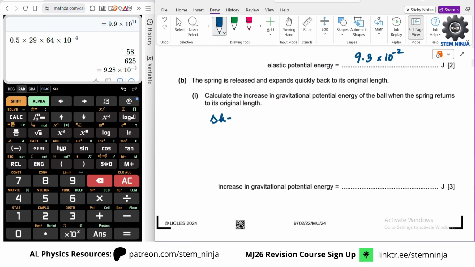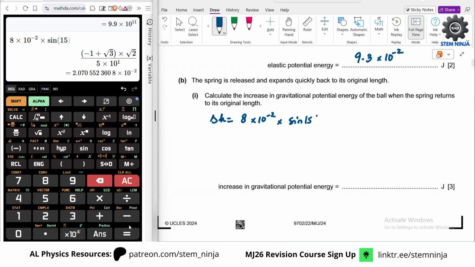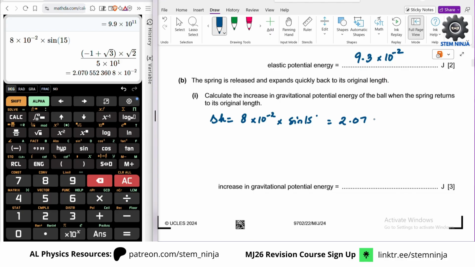So change in height is 8 times 10 raised to the power minus 2 times sine of 15 degrees. This is this value, 2.07 times 10 raised to the power minus 2 meters.